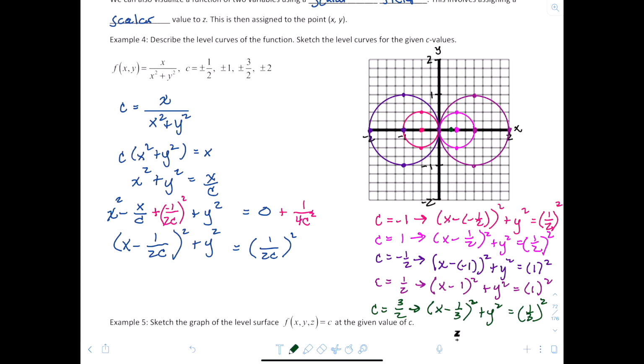And so then it'll look something like this.